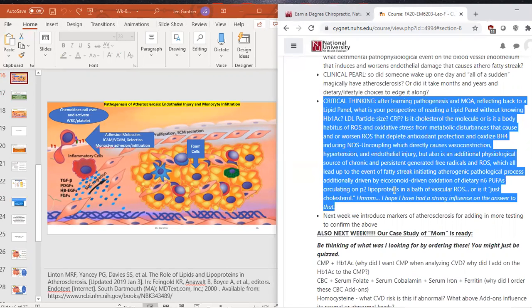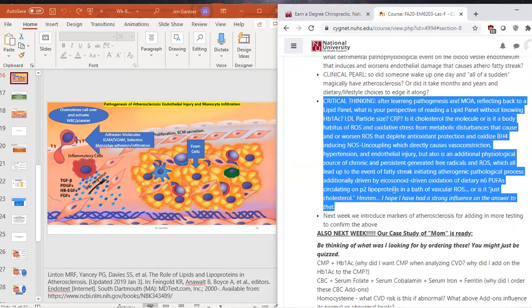RNS and ROS, peroxynitrite, superoxide anions, and a ton of more and more free radicals, which all lead to the event, our mechanism of action of the fatty streak, which is our foam cell, which is taking up an oxidized LDL in an unregulated manner, right? Initiating the atherogenic pathological process.